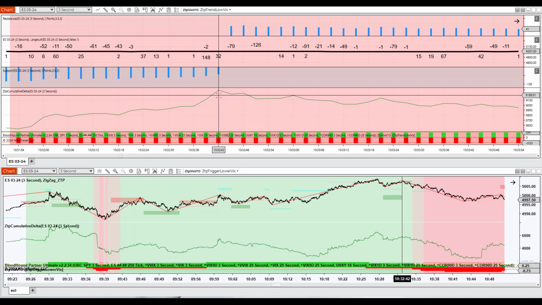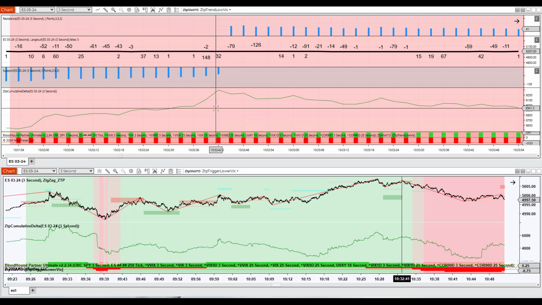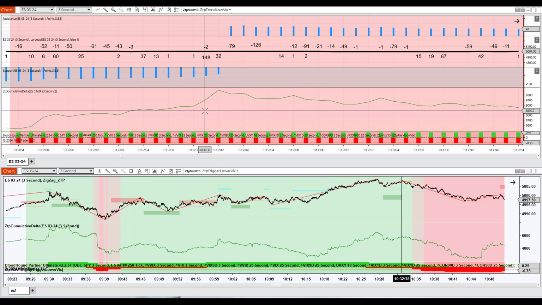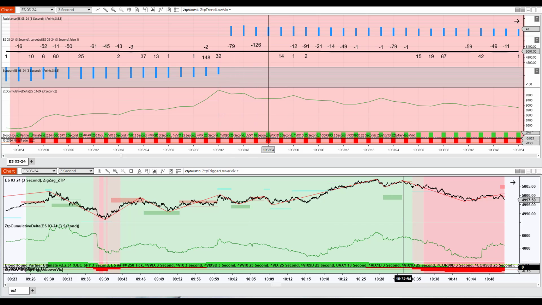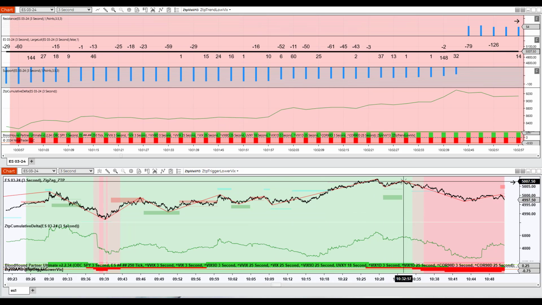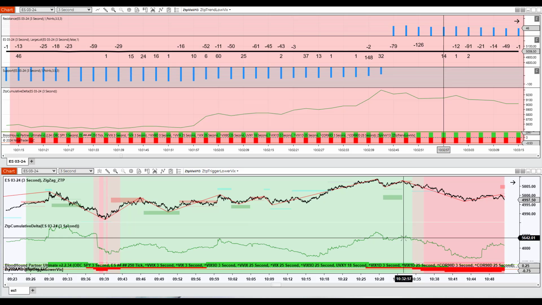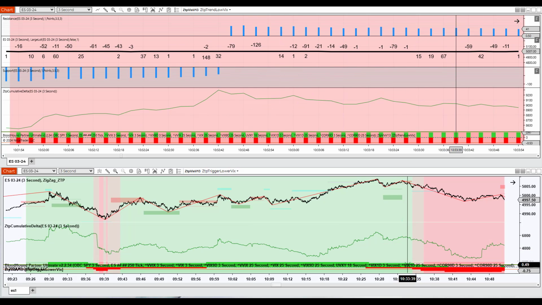Now what I've done is I've made 2 changes to this, and I've gone ahead and added a cumulative delta, which is right here, and I've gone ahead and put the Bloodhound trend chart here, and on the larger chart I've again put the cumulative delta, and I've put the Bloodhound trigger chart down here so we can see as trends and triggers are changing.